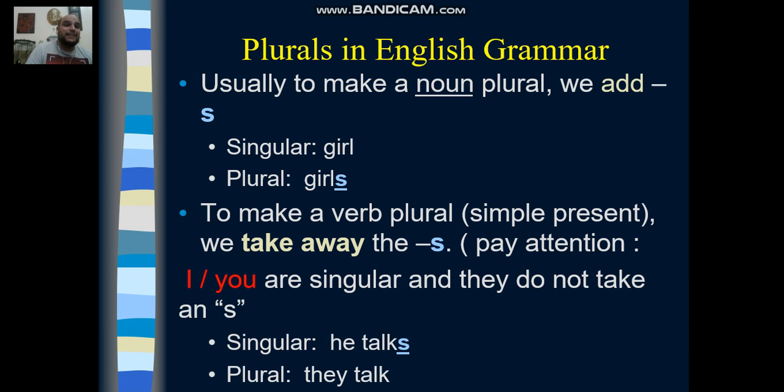If the verb ends in ch, like teach, he teaches, es. If the verb ends in o, just like do or go, you're going to add es, does and goes. Okay, if the verb ends in double s, you're going to add es, just like kiss and miss. It's going to be he kisses, she kisses, and it kisses. He misses, she misses, and it misses.